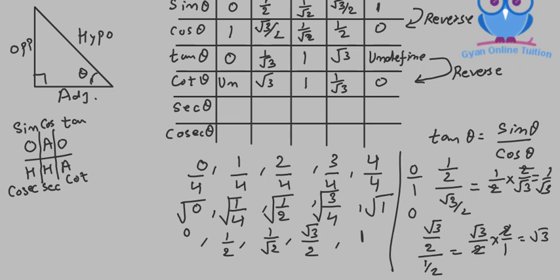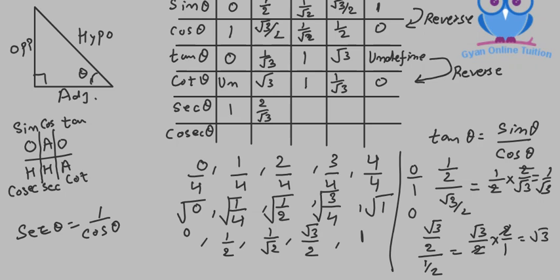Now the sec value is just 1 upon the cos value. Sec theta is equal to 1 upon cos theta, so the value will be the reciprocal. So 1 by 1 is 1. The cos value root 3 by 2 becomes 2 by root 3.